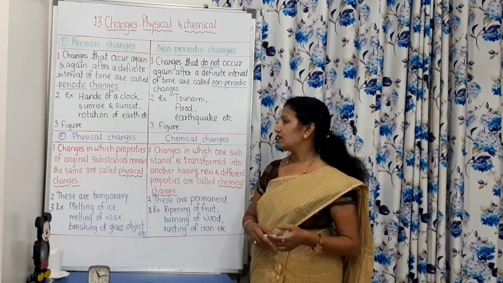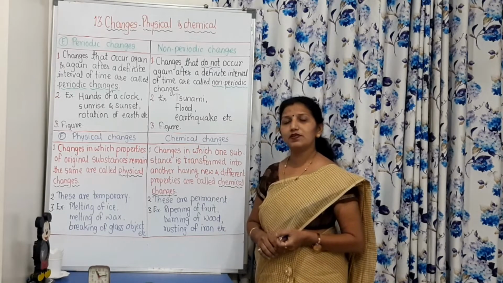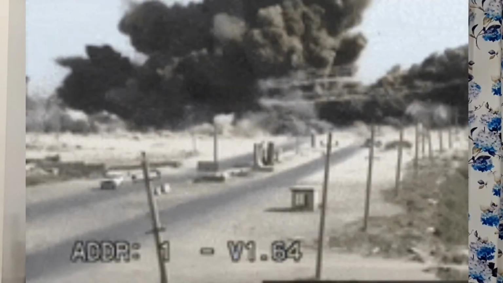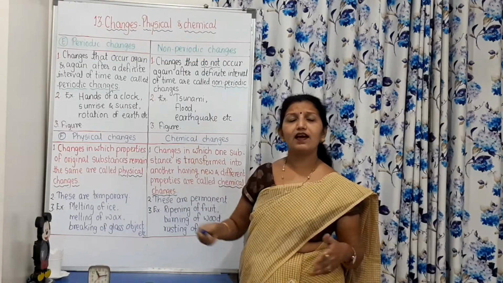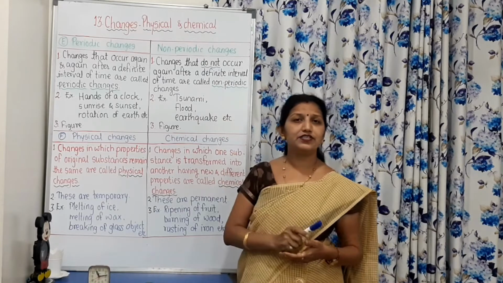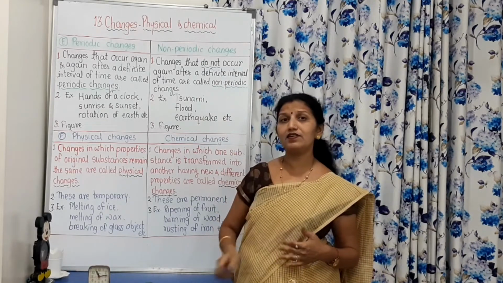Then there are so many examples like accident or bomb explosion, anything that may occur suddenly at any time. That's why it is non-periodic change. In Marathi it is called Anavarti Badal.